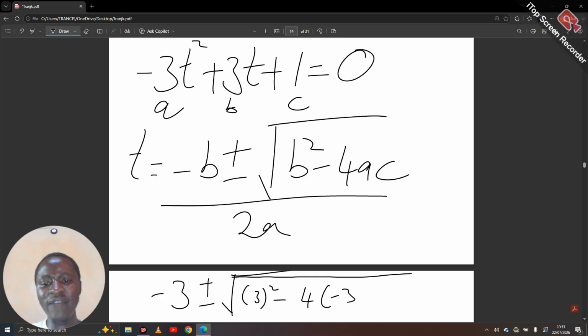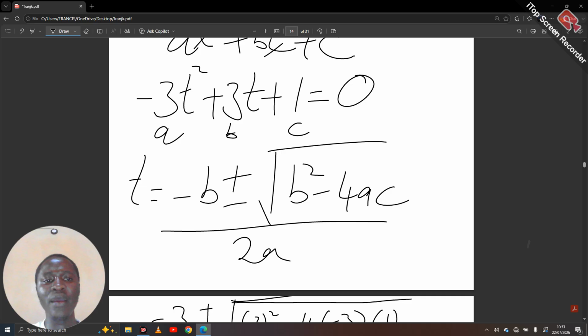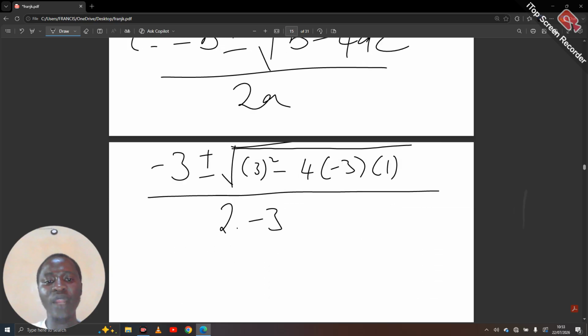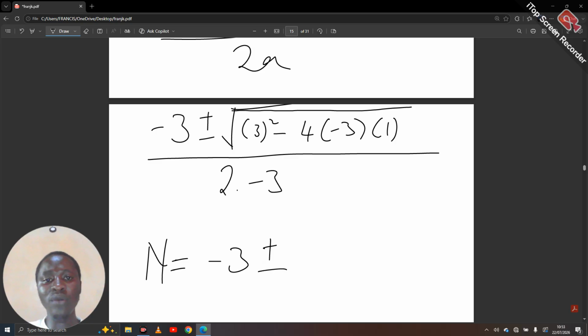A is negative 3, multiplied by c, which is 1, all over 2a, which is 2 multiplied by negative 3. Solving the numerator, we shall have negative 3 plus or minus whatever is in the root.